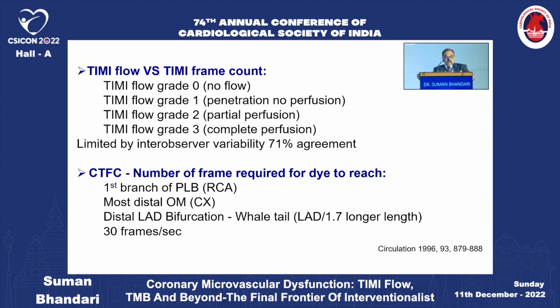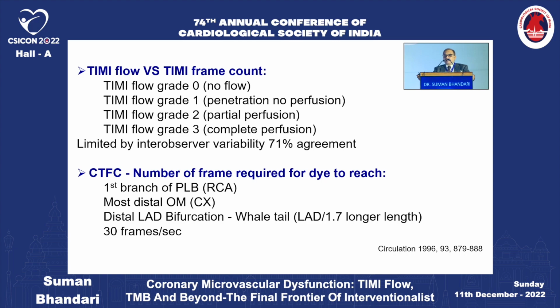TIMI grade 2 is partial perfusion, and TIMI grade 3 is we have complete perfusion, and of course there is a significant inter-observer variability and only 71% agreement when you have multiple core labs assessing TIMI flow.